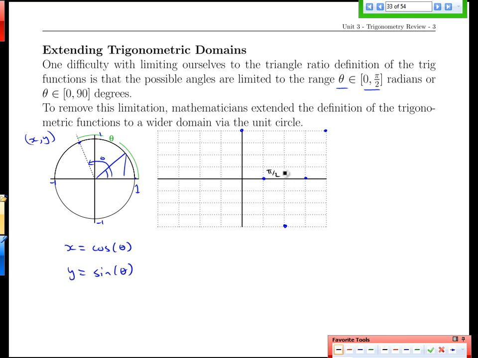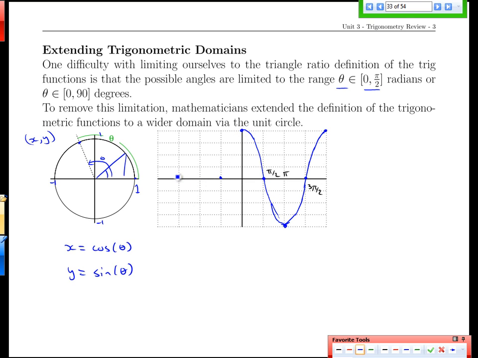So adding some details here, pi, 3 pi over 2, we would get this classic shape of the cosine function. Here's the graphical form of that. Cosine, remember, is the function that starts at 1 and then goes down.